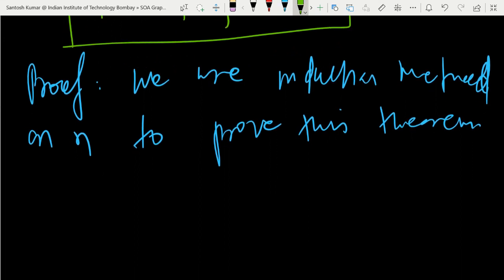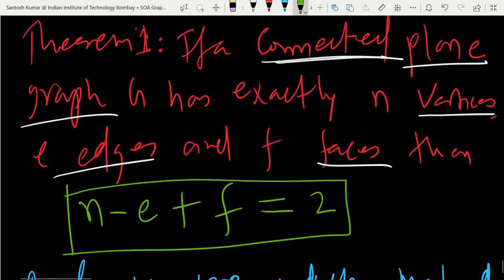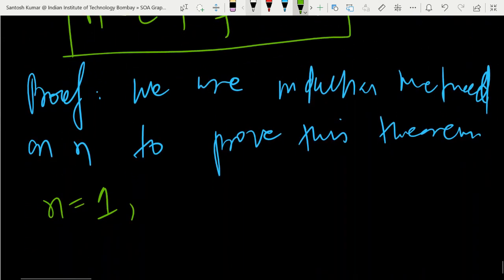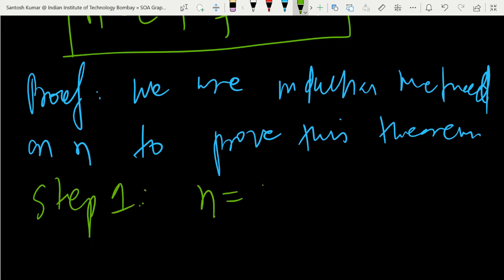So let's start with n equal to 1. So n is the number of vertices, the order of the graph. So you have only one vertex. So step 1, n is equal to 1.